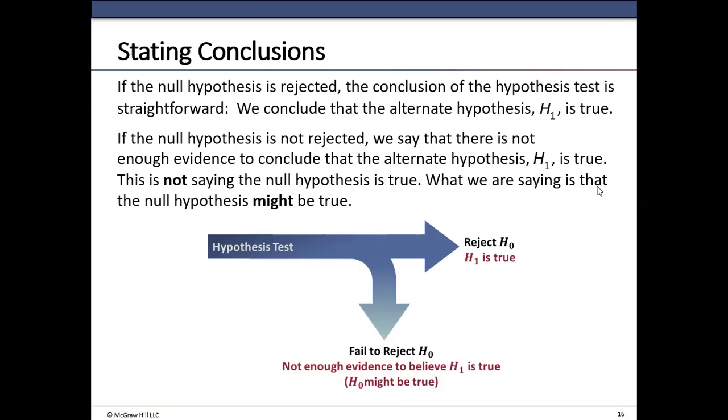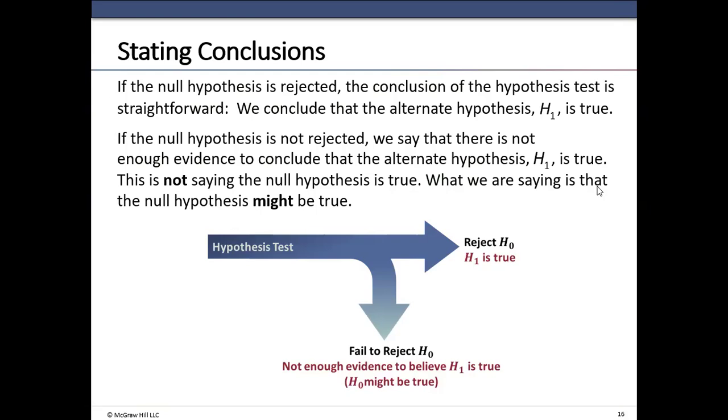So if there is not enough evidence to support the alternate hypothesis, then we do not reject the null hypothesis. We fail to reject the null hypothesis. This is different from saying that we support the alternate, because we do not know for sure whether the hypothesized value in the null hypothesis is true.